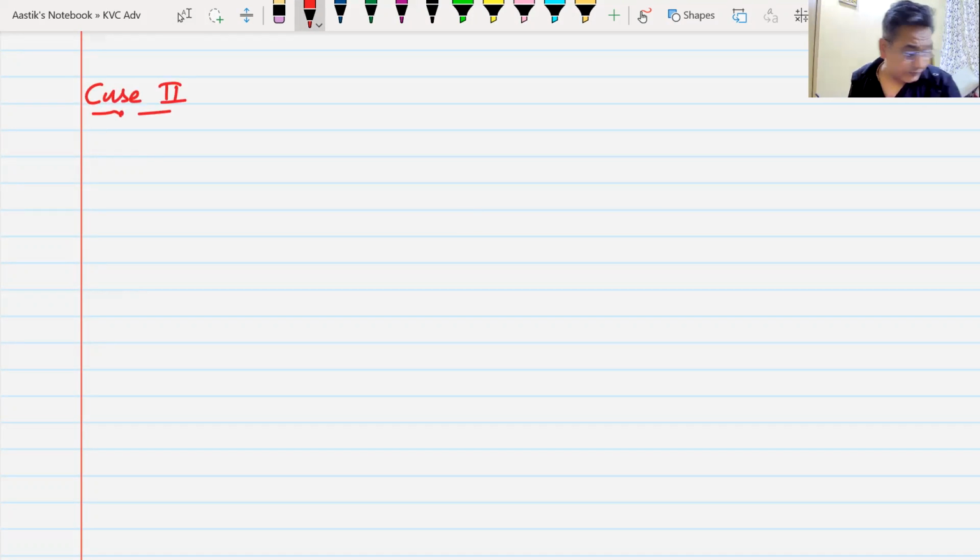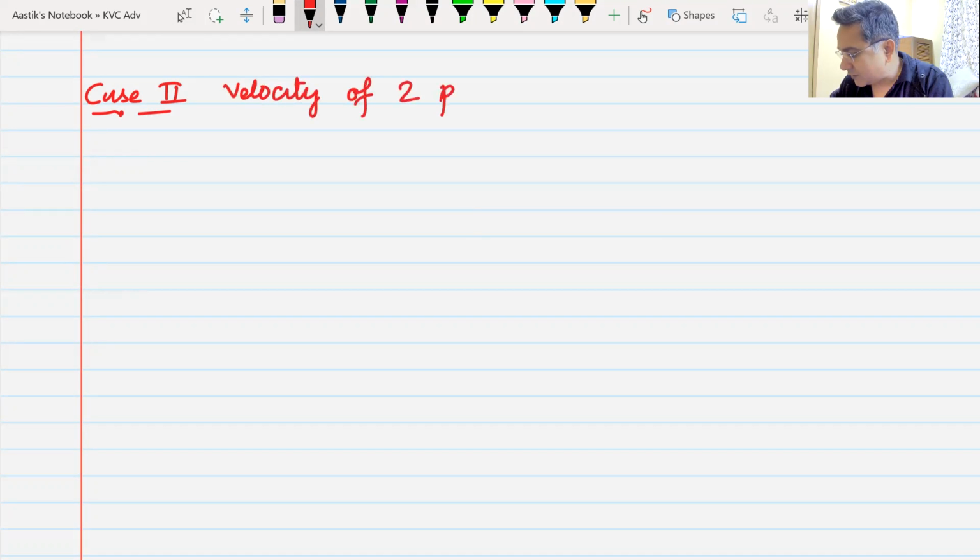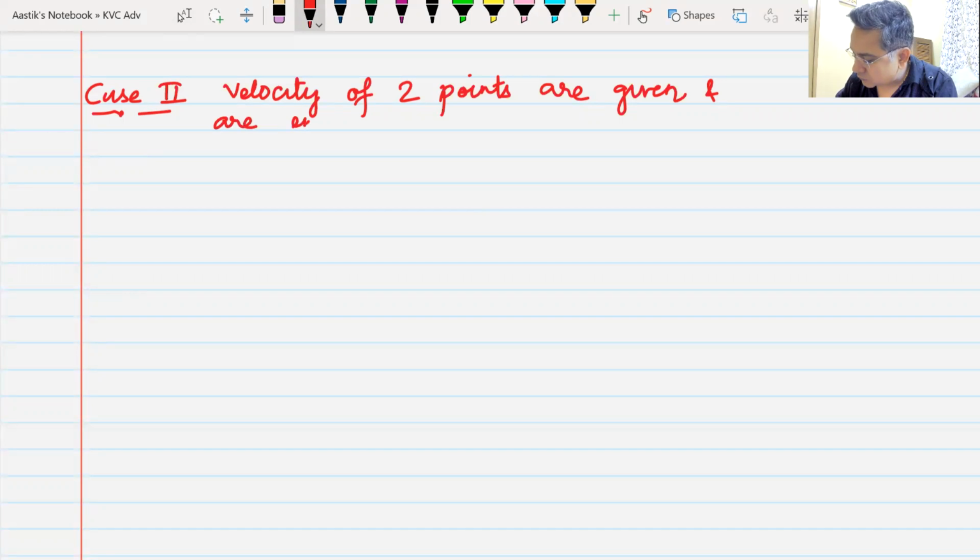How you can find out the center of mass velocity when the velocities of 2 points are given, and these velocities are intersecting velocities.